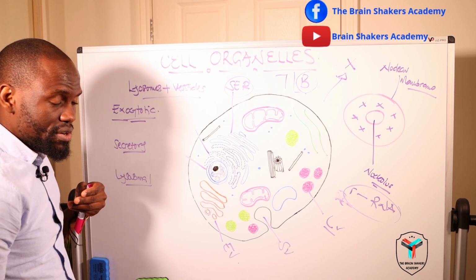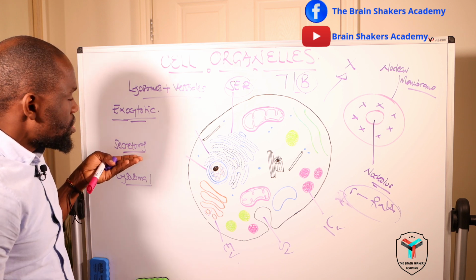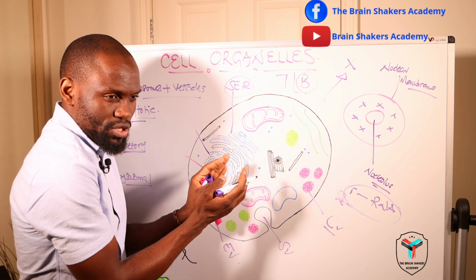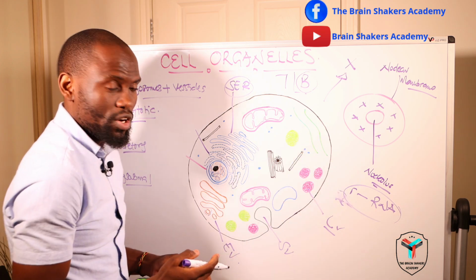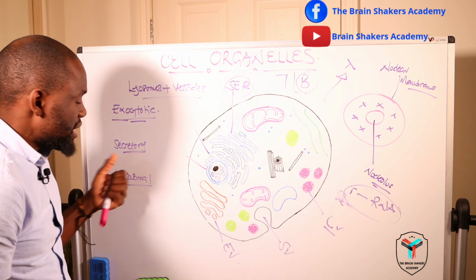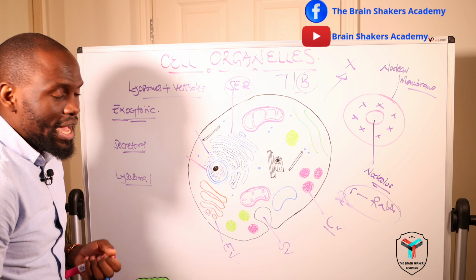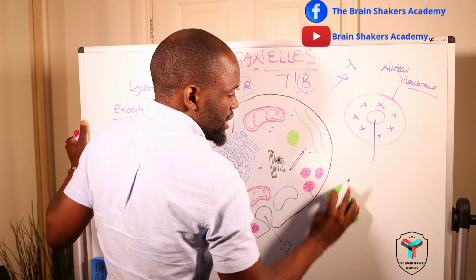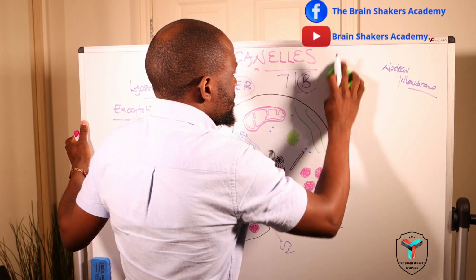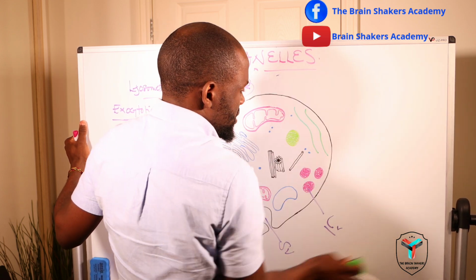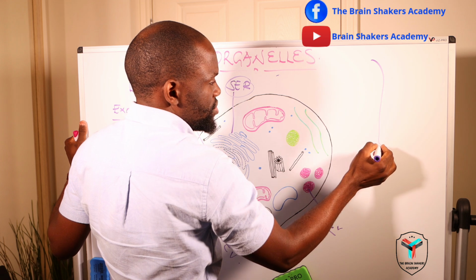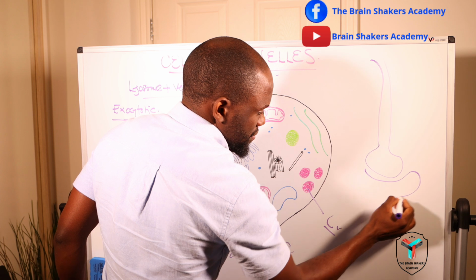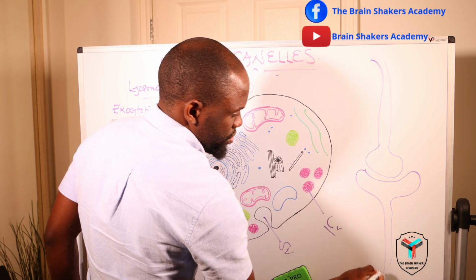Then when you have secretory vesicles, they also work in having the produce that has been produced by this cell leave the cell. But in most cases, this one is going to be under stimulation. A classic example that I can give is a neuromuscular junction. So you have the first neuron there, then it will have its telodendria, then you have the postsynaptic neuron here.